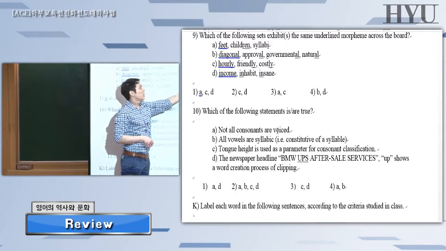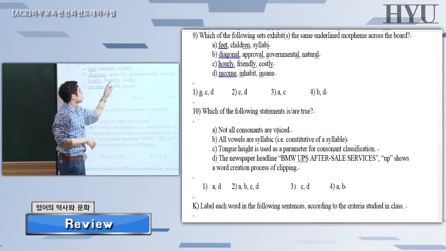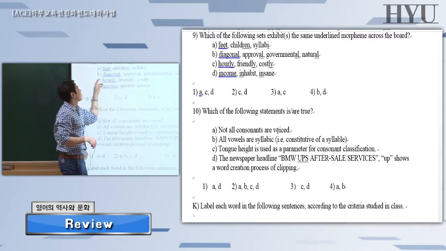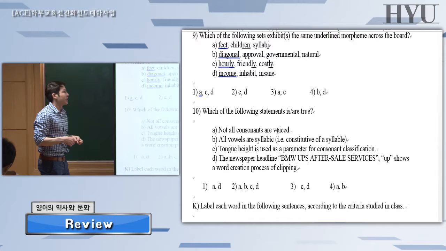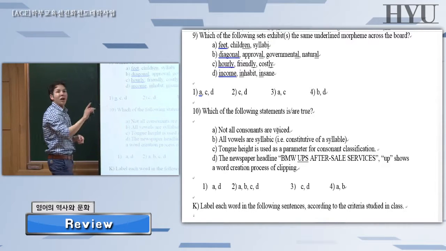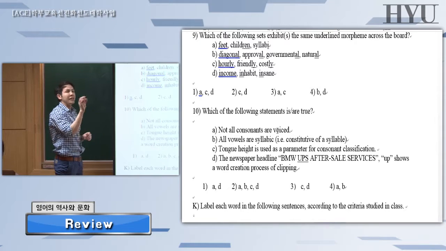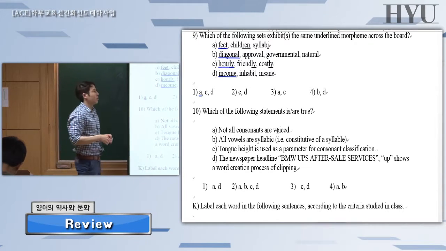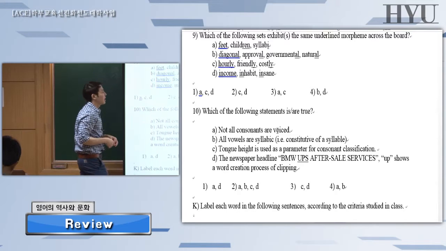Governmental, adjective. Natural, adjective. So approval is the odd one out. So B is not correct, because diagonal, governmental, and natural are all adjectives. The AL is an adjective morpheme, but for approval, that's the noun morpheme. So B is not good.